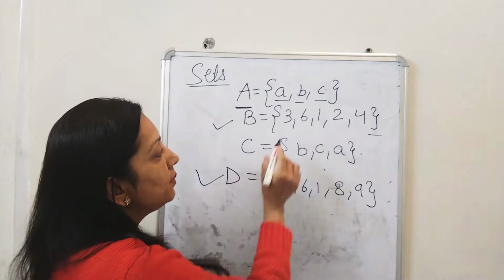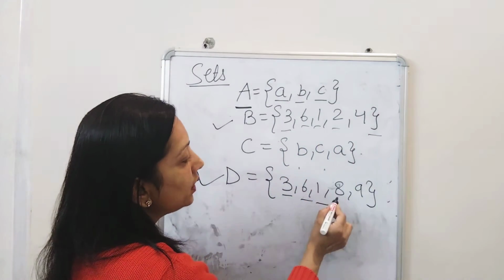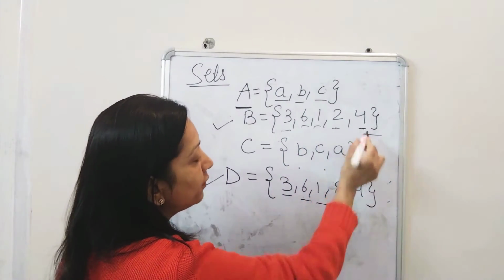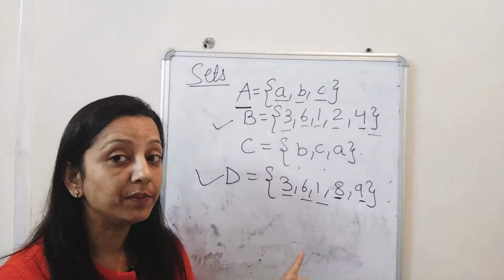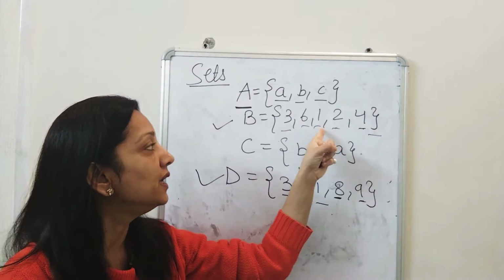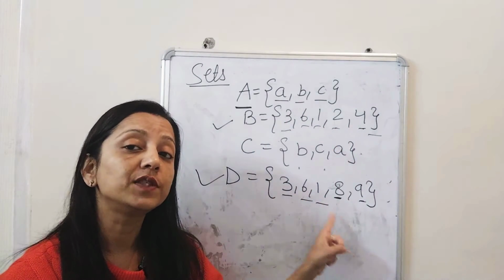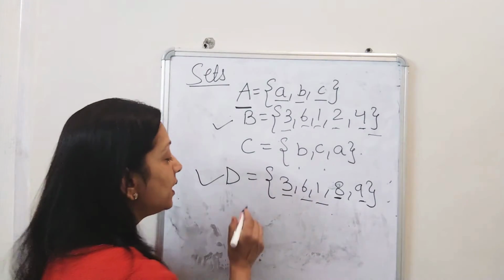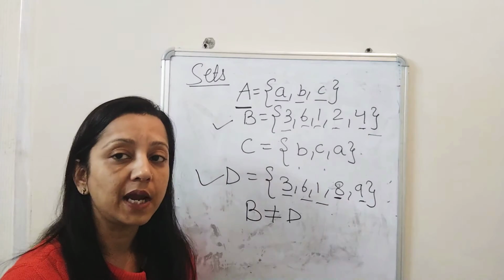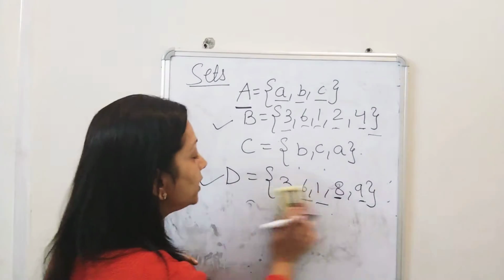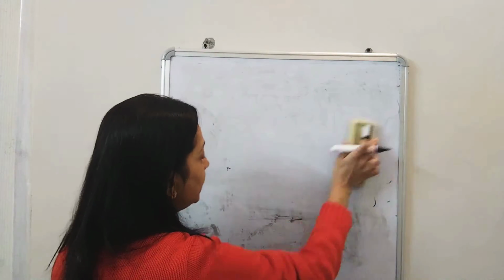So are the values the same here? 3 here, 3 here, 6 here, 6 here, 1 here, 1 here, 2 here, 8 here. Now these values are not matching. 4 here, 9 here, these values are also not matching. That means since the values of all the elements in set B are not matching with all the elements of set D, set B is not equal to set D. So this is the concept of equal and unequal sets.